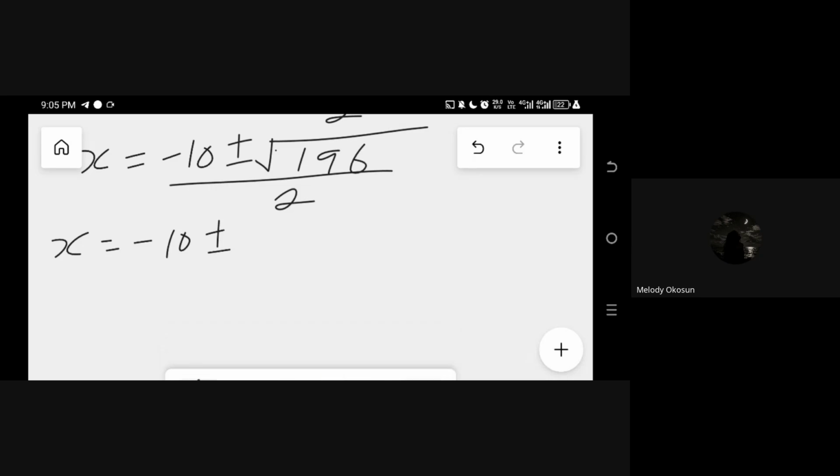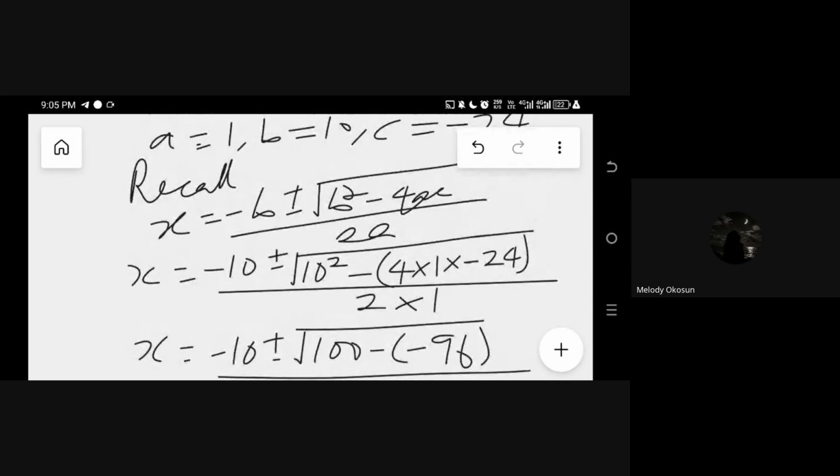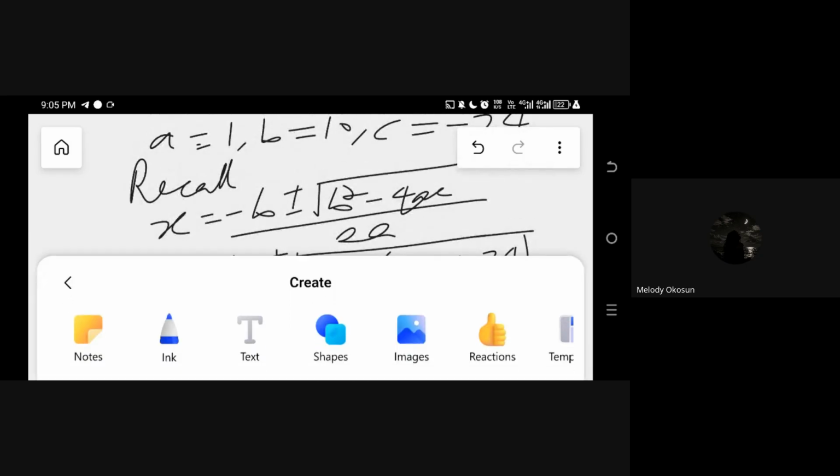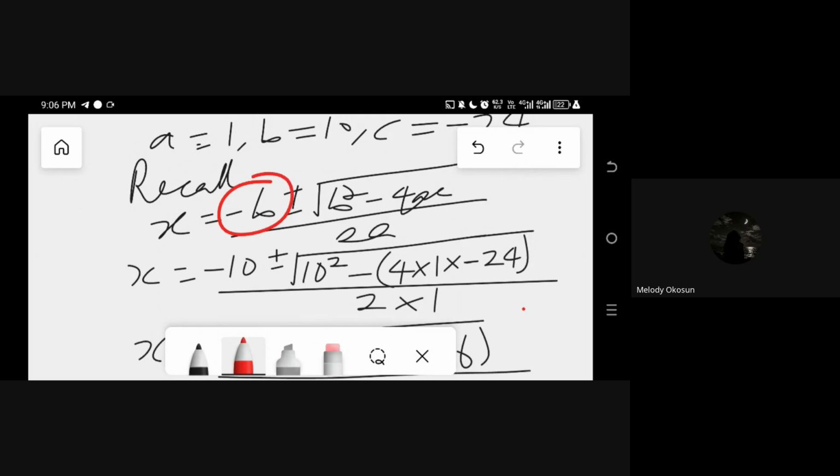Take note that unlike before, this part here, I want to circle it in red now. Before, when we wrote this part, we said minus bracket minus something, because in the formula it says minus B, and then your B carries another minus again. That's why we were writing two minuses.